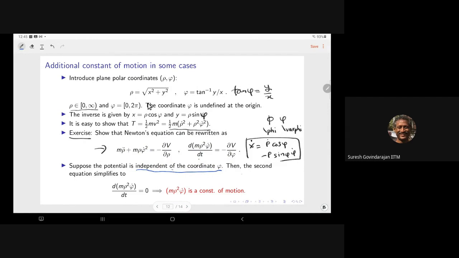There is a theorem due to Noether which connects symmetries to constants of motion, if you wish.